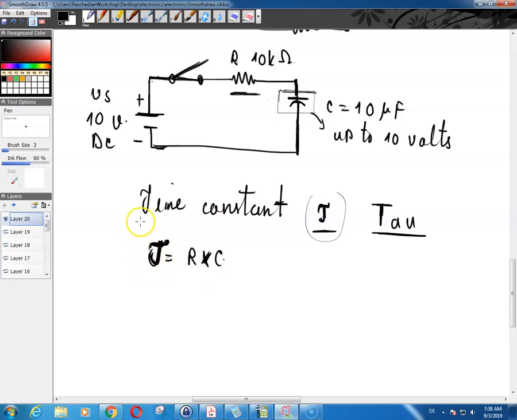Tau is in seconds, because if you go into the physics of a resistor and a capacitor and cancel out all of the units related to R and C, then eventually you will get your tau in seconds.